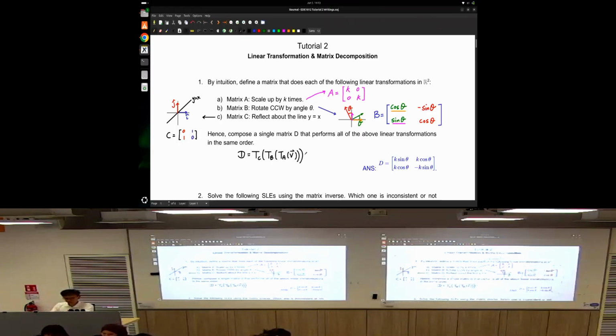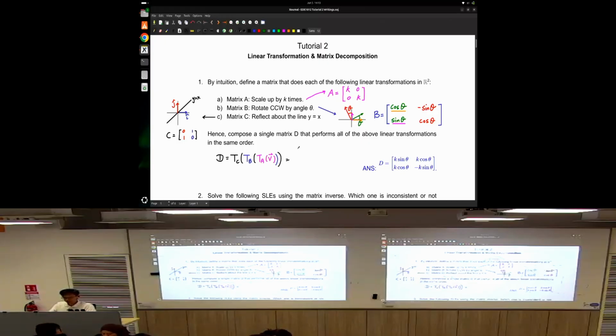You have to follow the order. Do the T of A first, the transformation by matrix A. Then take the result and put it into matrix B. And finally, take the result after transformation by matrix B into transformation by matrix C. That's the last one.